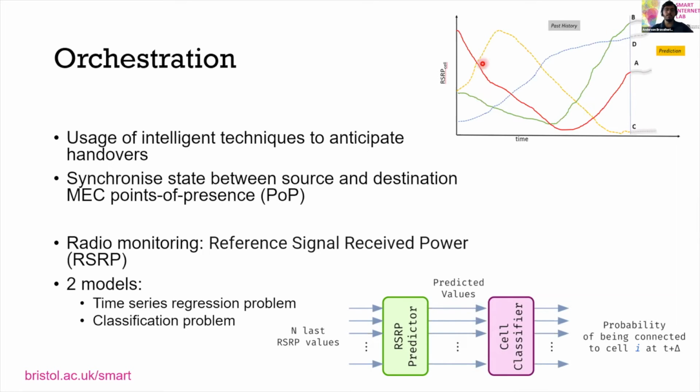So in other words, we have a regression problem. We have time series data that we want to do regression on, to be able to predict what would be the future values. And then based on these future values, we want to classify what is the closest access point that the user will be going towards. This is all based on the radio parameters.